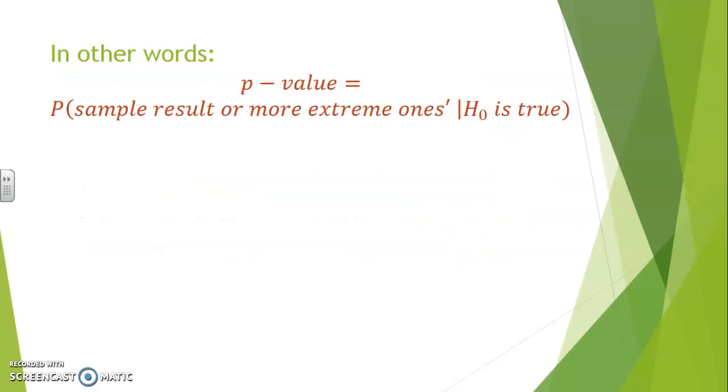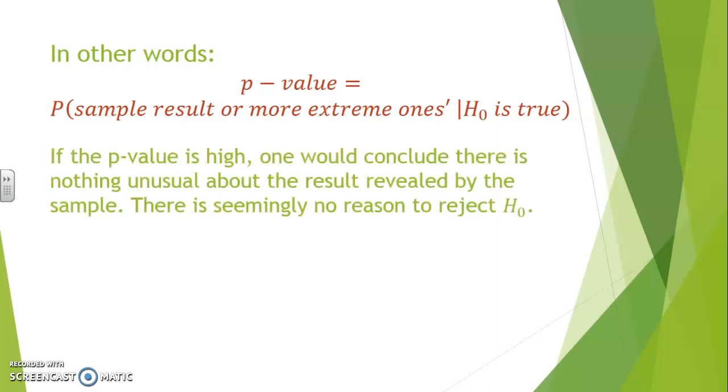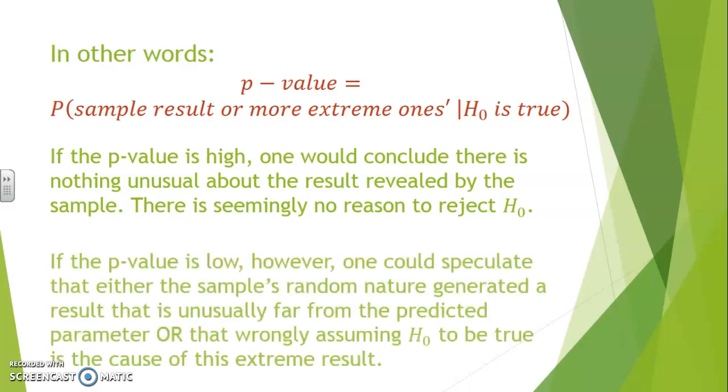In other words, the p-value is the probability that a sample result or more extreme values can occur when H0 is true. If the p-value is high, one would conclude there is nothing unusual about the result that has been revealed. There is seemingly no reason to reject H0 in that case.